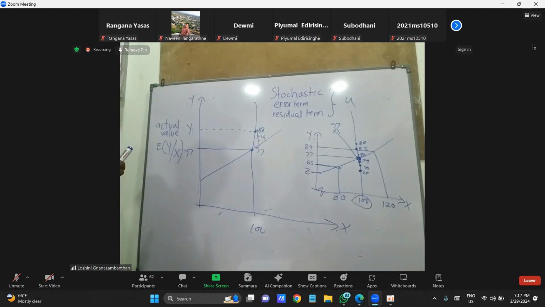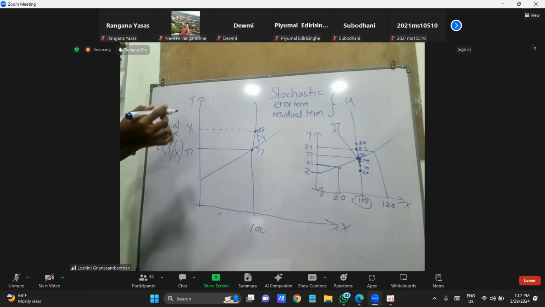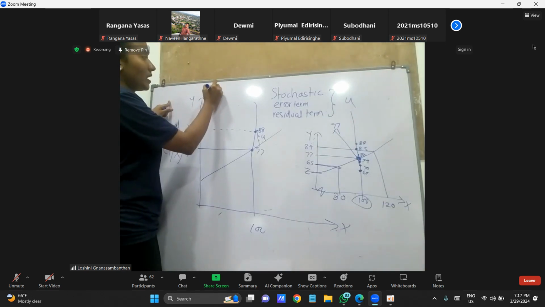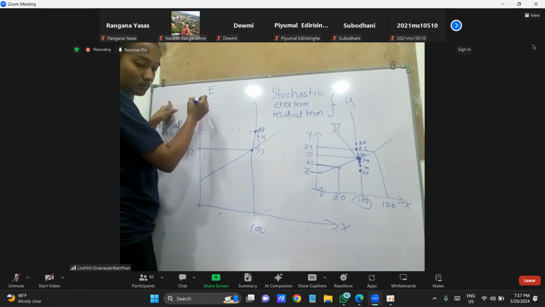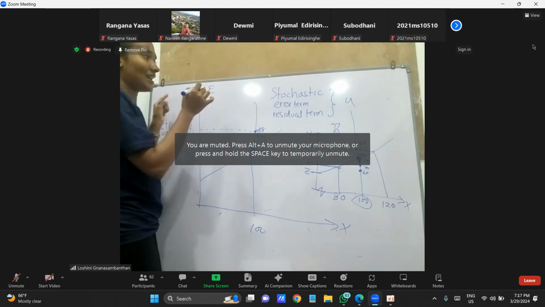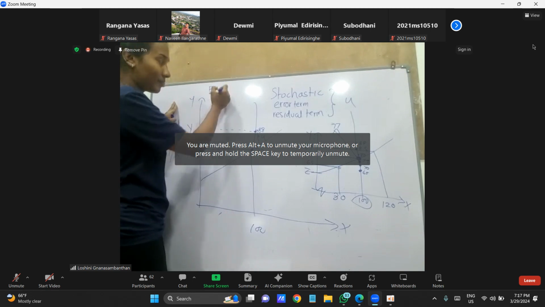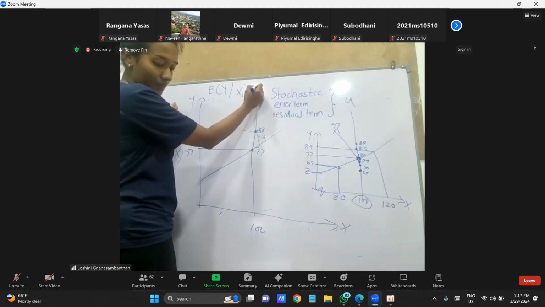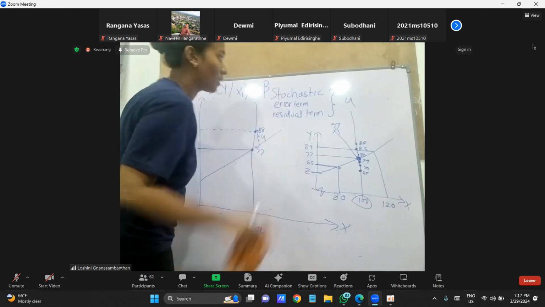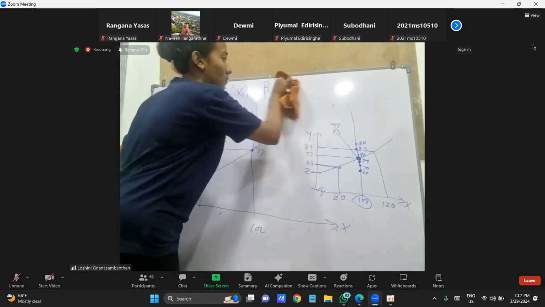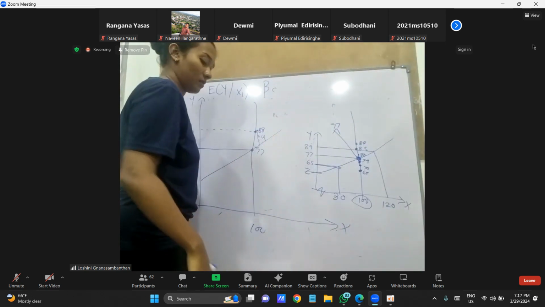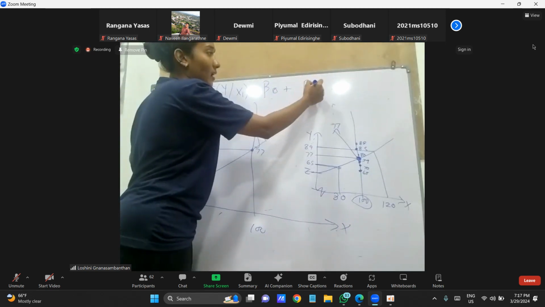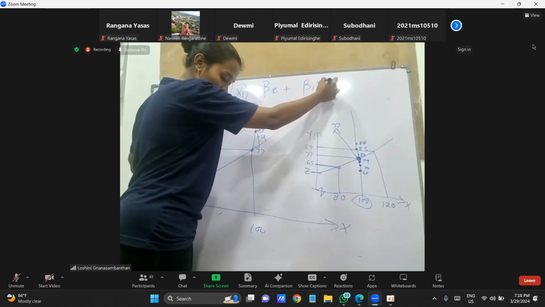Okay, so if I want to write this, now I will write again the econometric term. No, sorry. The deterministic model will be expectation of y given x i is equal to beta naught plus beta 1 x i.